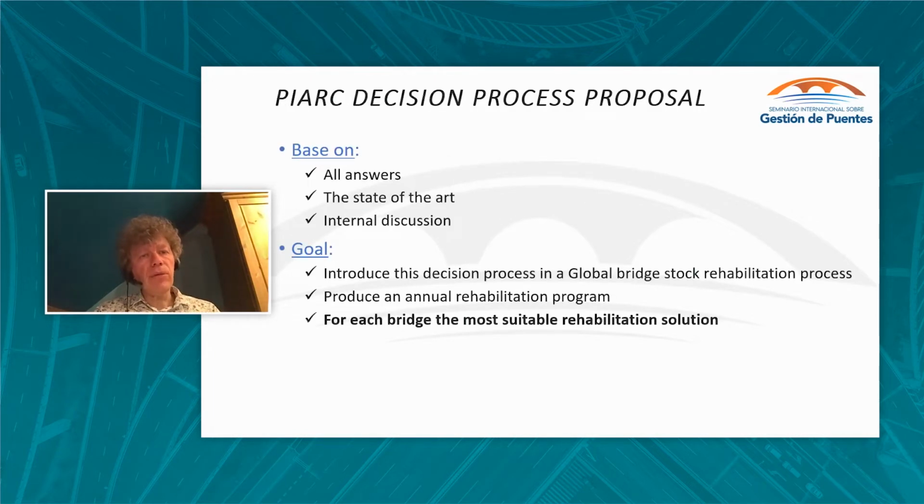So we decided, based on the answers that we received, based on the BRIME report, and based also on different internal discussions that we had inside the PIARC committee, to introduce this decision process inside the global bridge stock rehabilitation process in order to produce two main elements: an annual rehabilitation program, which is also something interesting, and to determine for each bridge the most suitable rehabilitation solution.